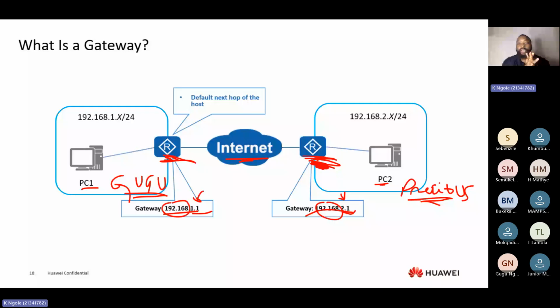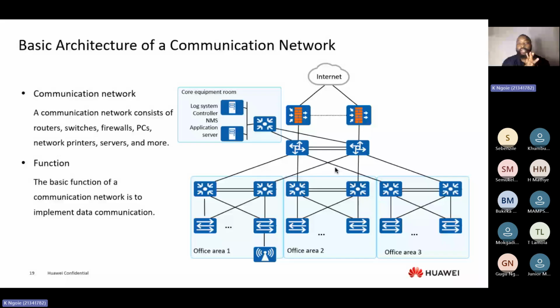So from your gateway, the next thing will be your basic architecture in terms of how your network is connected. When we have, for example, a data center network, the network inside the whole enterprise data center can support different services, in terms of the applications that they are running.